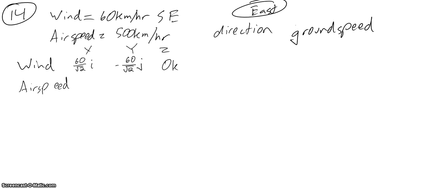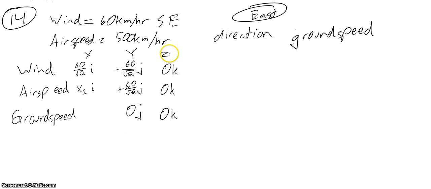So the plan is to add up the wind plus the airspeed, and that should equal the ground speed. We're going to use the airspeed to figure out the direction, and the ground speed will be our answer when we find the total magnitude of the ground speed vector, because first we're going to find the components.